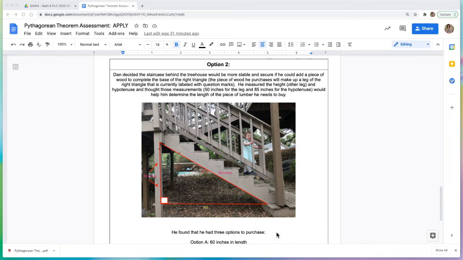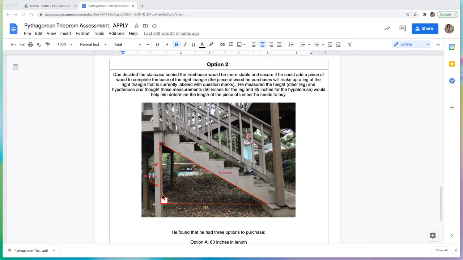Dan decided the staircase behind the treehouse would be more stable and secure if he could add a piece of wood to complete the base of the right triangle. So he's wanting to add a piece of wood right here at the bottom. It's the part that has the question marks next to it. The piece of wood he purchases will make up a leg of the right triangle that is currently labeled with question marks.